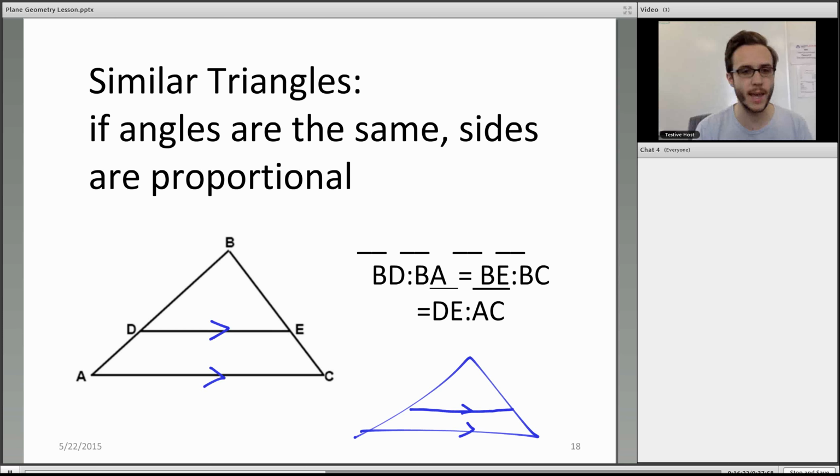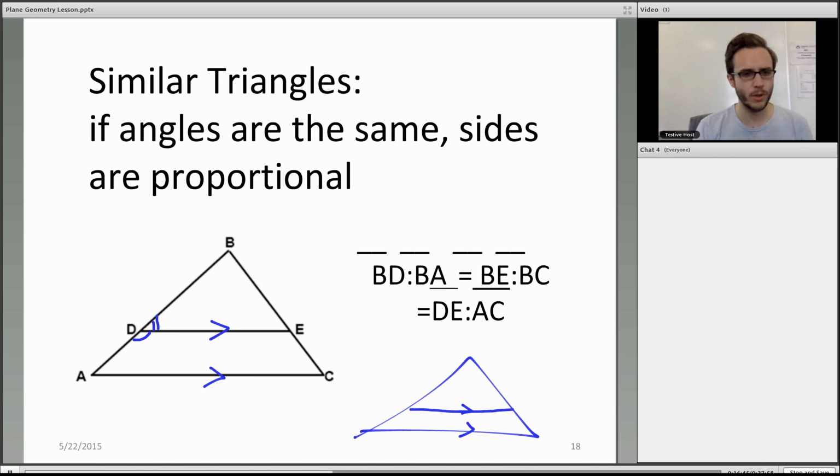Well, we know that AB, for example, is a straight line. So that means we know that angle ADE and angle BDE are going to add up to 180, right?